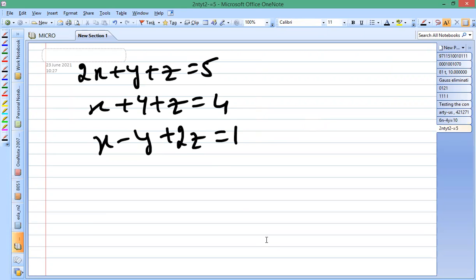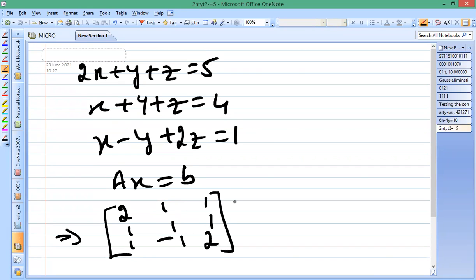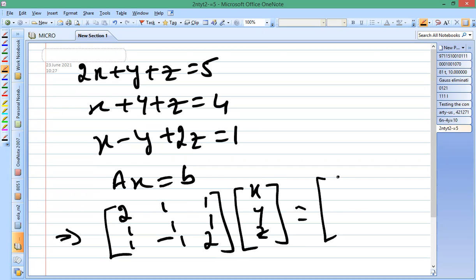First, write the given equations in the form Ax is equal to B. What are the elements of matrix A? 2, 1, 1, 1, 1, 1, 1, minus 1, 2. x is nothing but the variables x, y, z, 3 variables are there, which is equal to B. On the right hand side, we have 5, 4, 1.